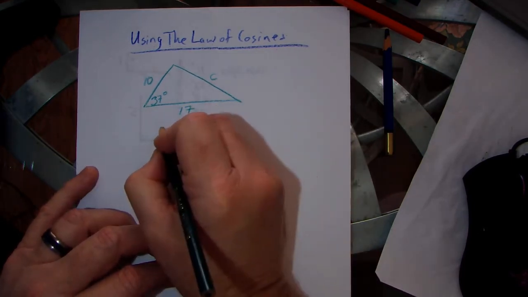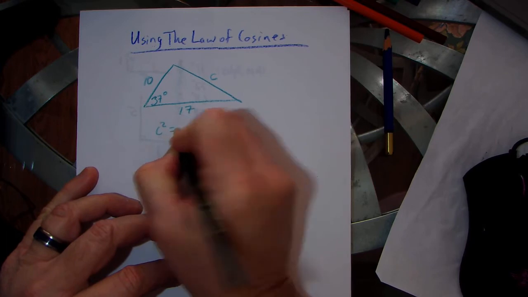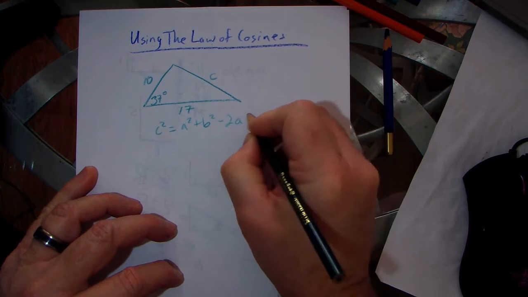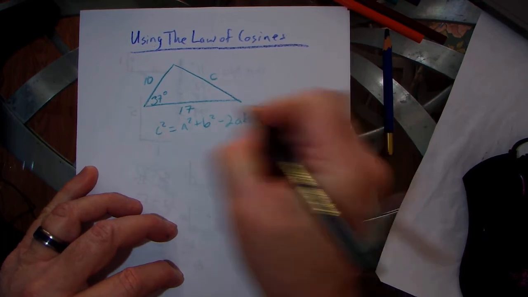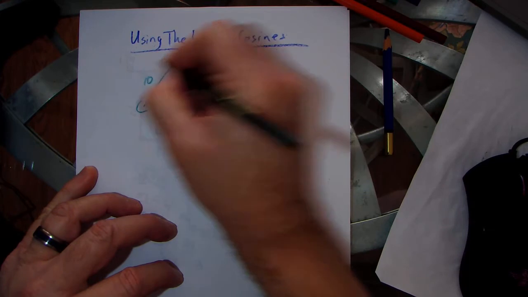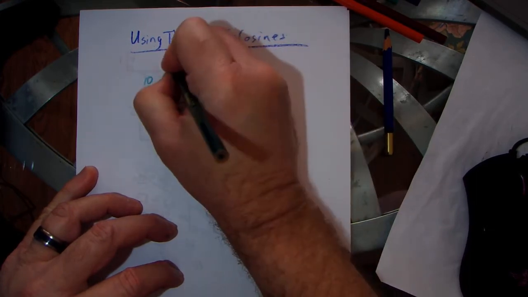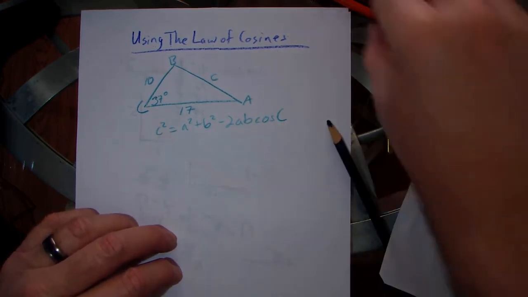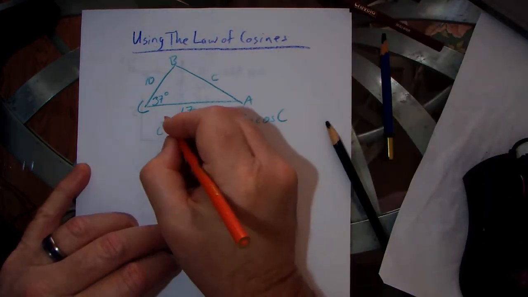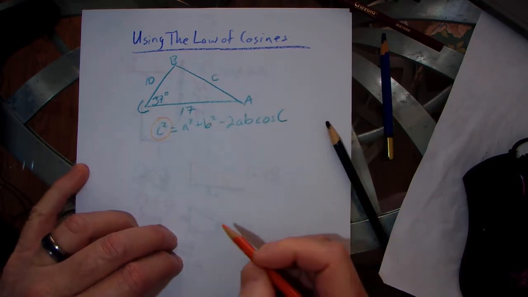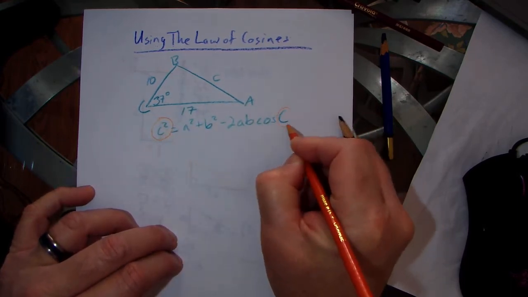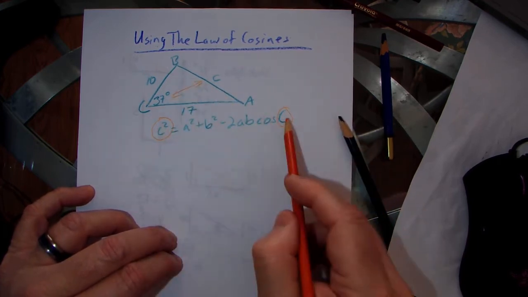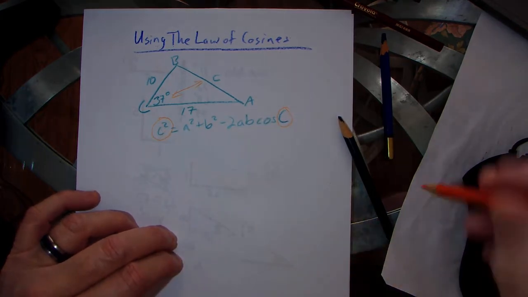And the law of cosines is stated as c squared equals a squared plus b squared minus 2ab and the cosine of angle C. So when we label the triangle, we can call whatever angle and side we want A, B, and C. Law of cosines, when you're setting it up, whatever you're calling this side, that's your C, this is angle C. So these are always the two that are across from each other, and they go on the very extreme parts of the law of cosines.